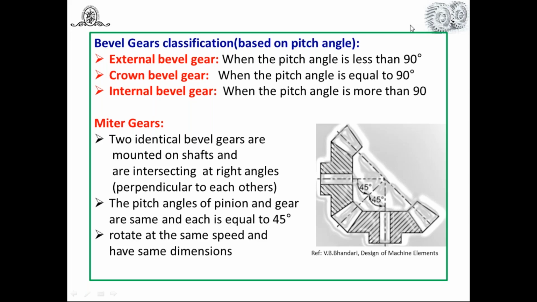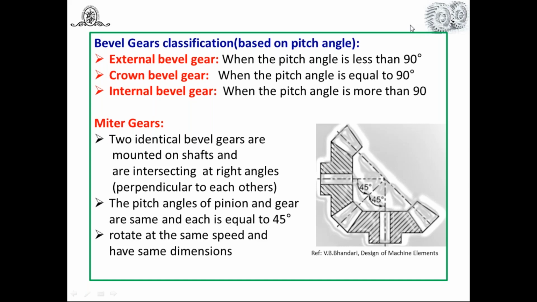Because you know very well when this bevel pinion comes in contact with the bevel gear, in general for high speed applications, spiral bevel gears are prepared, and we state it's a noiseless operation. But what is going to happen in this case?